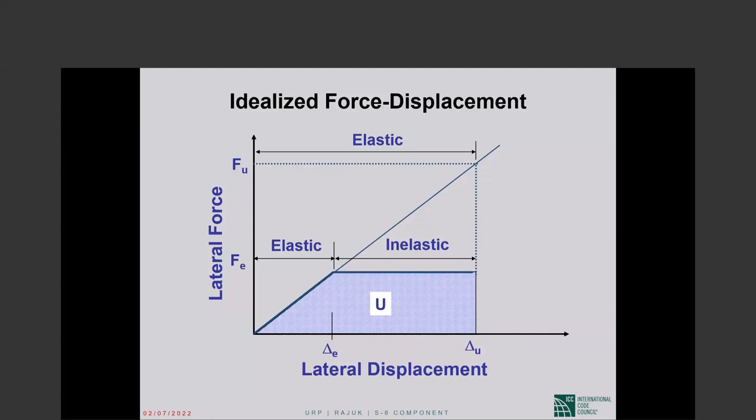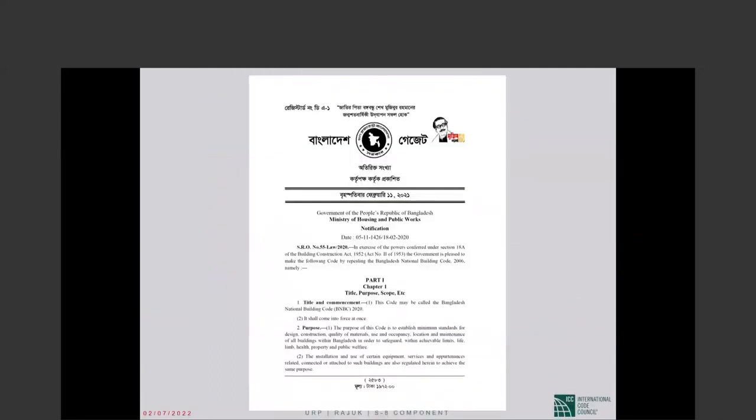So we would need fancy detailing called special detailing. And the lower the R, the higher the design force level, the lower the need for inelastic deformation capacity. So we can go for much cruder ordinary detailing. In between, there is intermediate detailing. Okay, so those are the very basics.